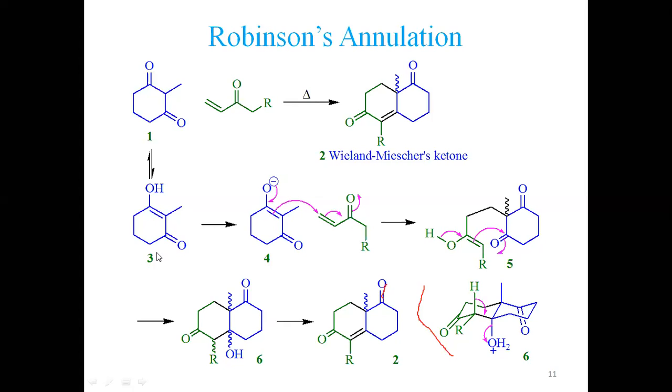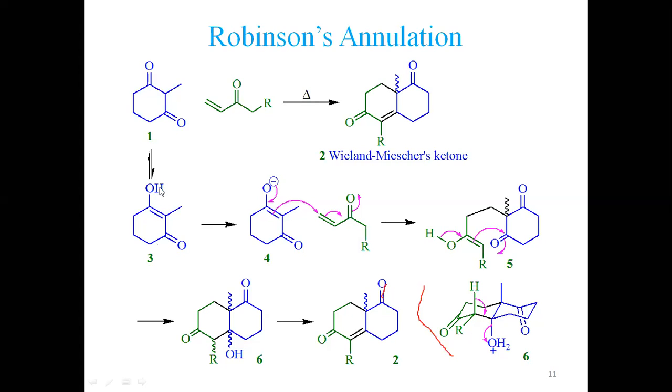Why? Here two double bonds are in conjugation. When two double bonds are in conjugation, it shall have a resonance energy. That resonance energy, if you remember, causes stabilization. So these two double bonds are in a more stable configuration. That's why this form is more available.